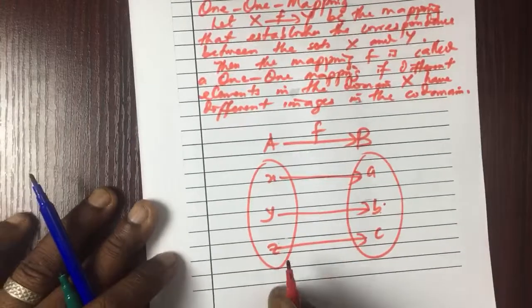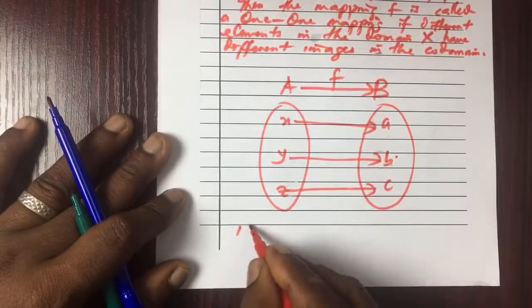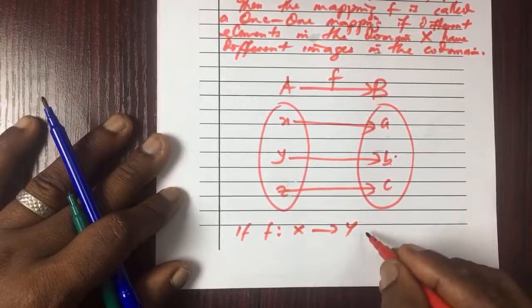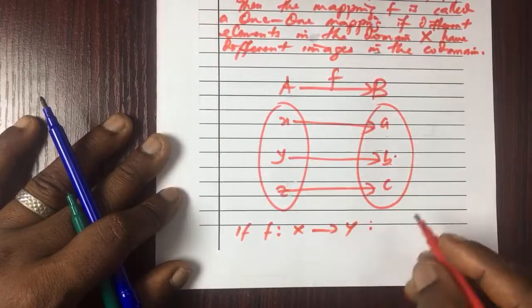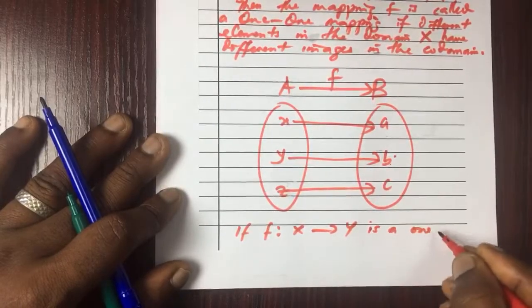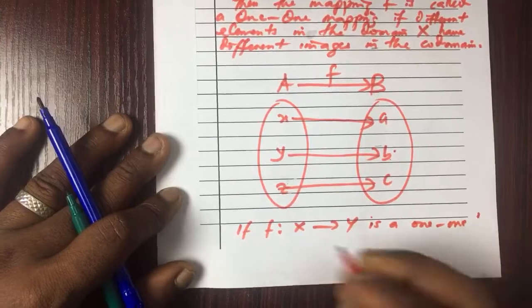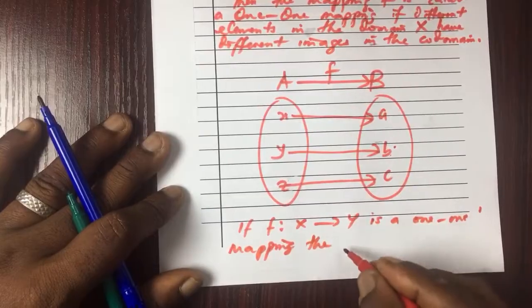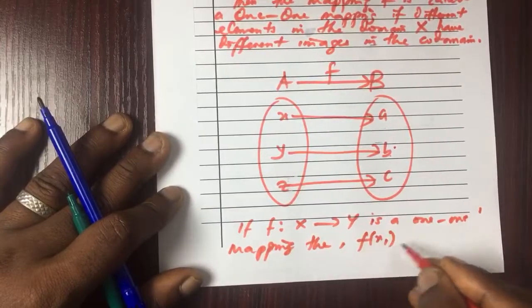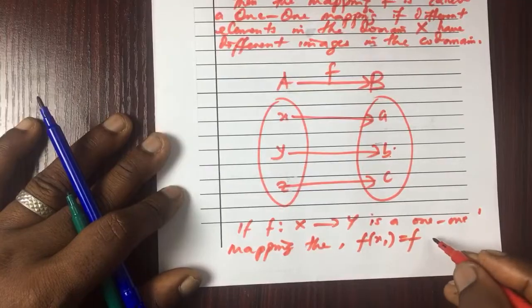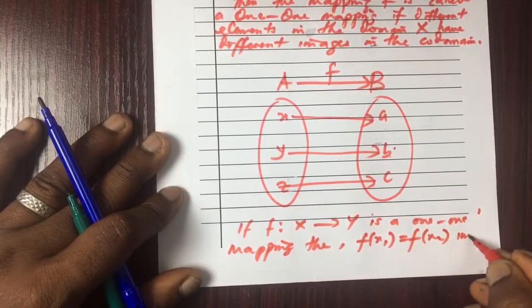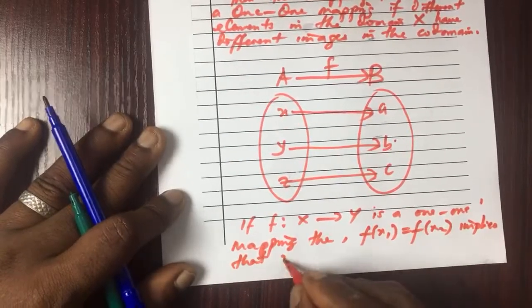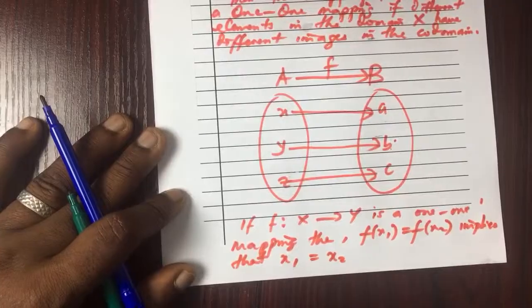We could say alternatively, if F from X into Y is a one-to-one mapping, then F of x1 equal to F of x2 implies that x1 is equal to x2.